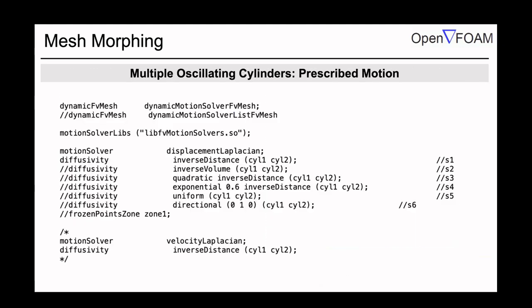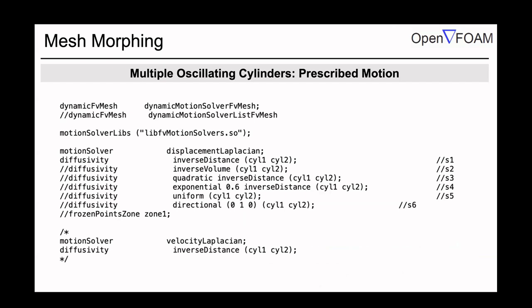Okay, you can also do multiple cylinders here. Here you can see that I'm using the same displacement Laplacian, inverse distance diffusivity. I'm giving two patches, cylinder 1 and cylinder 2. Everything is fine, but I'm using two different patches in this case, and let's see how it looks.